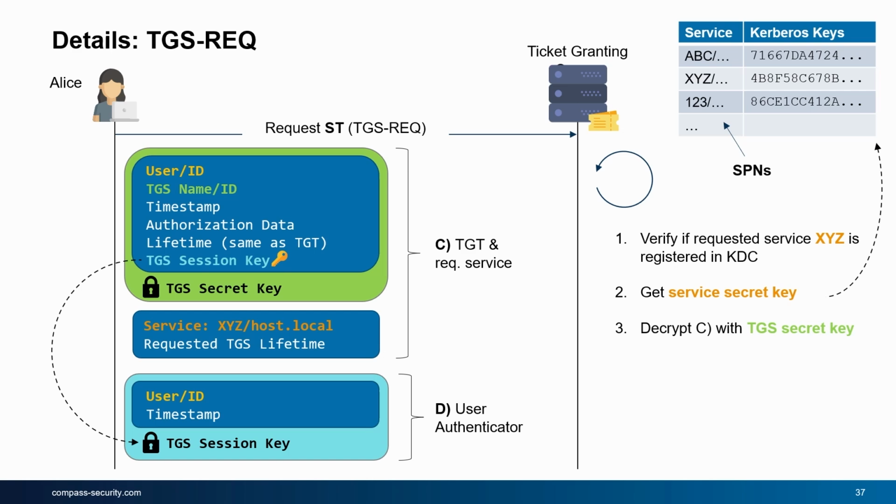So it will decrypt this message here, and from this message it will learn the session key that is used to secure the communication between our user, Alice in this case, and the ticket granting server. From here, the TGS or the KDC will be able then to decrypt message D, the user authenticator, because this is encrypted with this session key, and then validate its content. So look at the user ID, does it match whatever is contained in the TGT, and is the timestamp fresh enough?